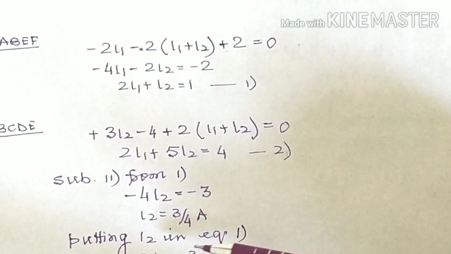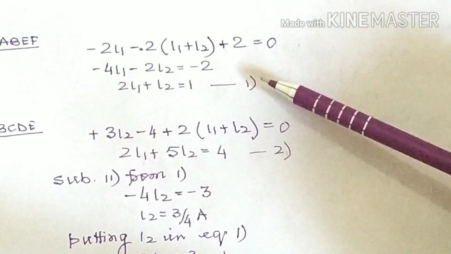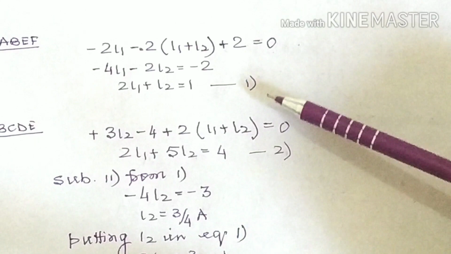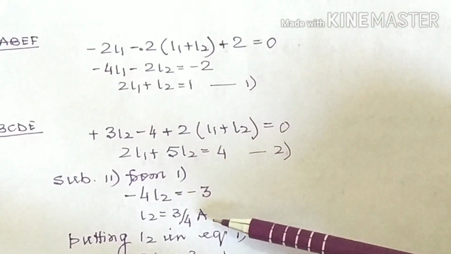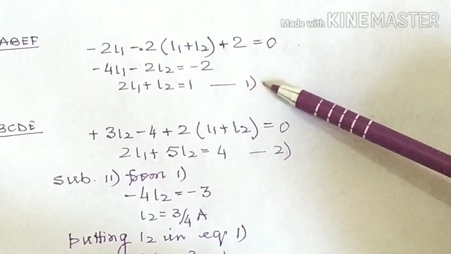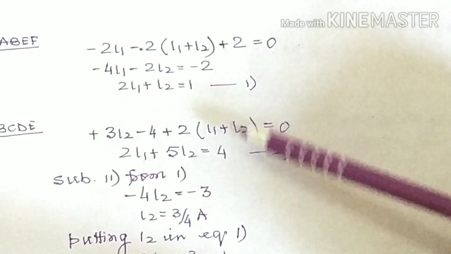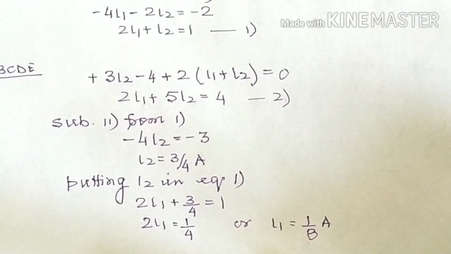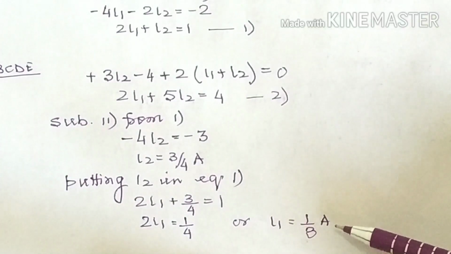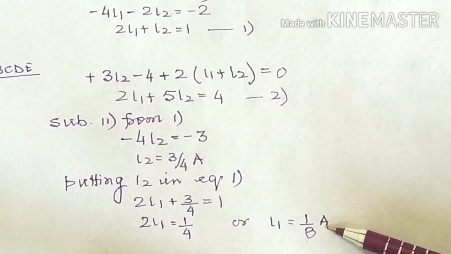And if you put this value of I2 in equation number 1, these are two simple linear equations, 2I1 plus 3 upon 4 is equal to 1, you will get I1 is equal to 1 upon 8 ampere.